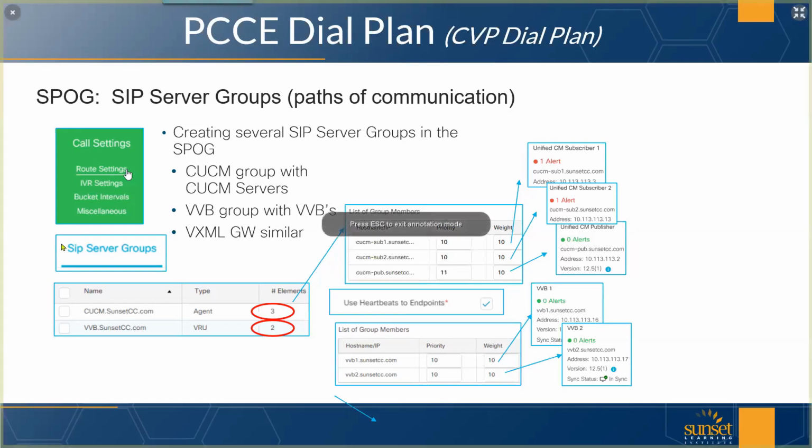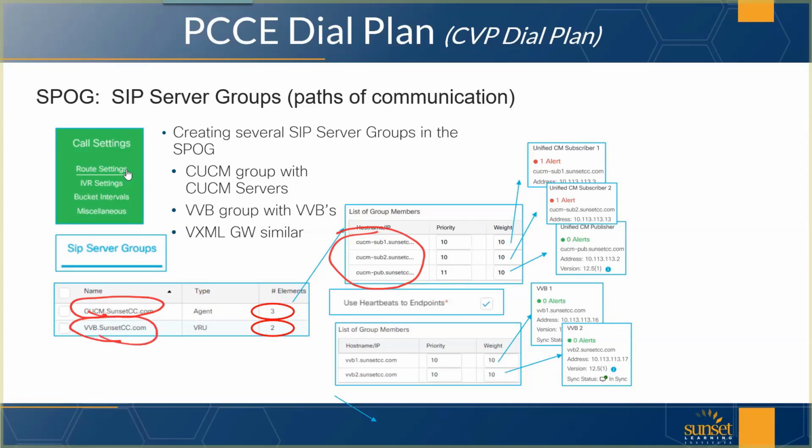Here we've got a call manager SIP server group that's been configured, and the devices are the publisher and our two subscribers. We've also got a virtual voice browser SIP server group, with two elements or devices associated with it, which are our VVB1 and our VVB2.